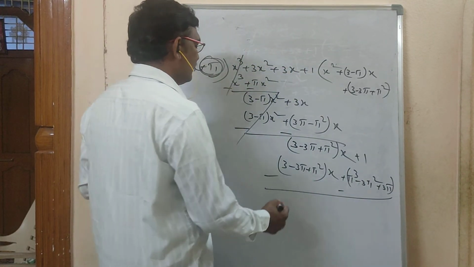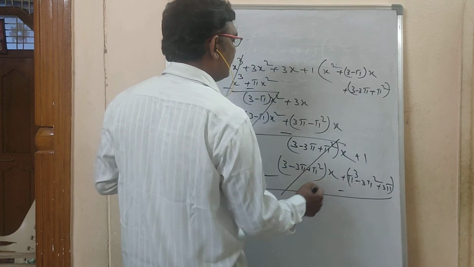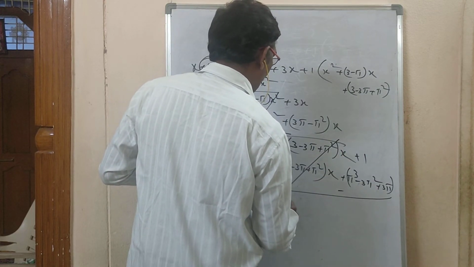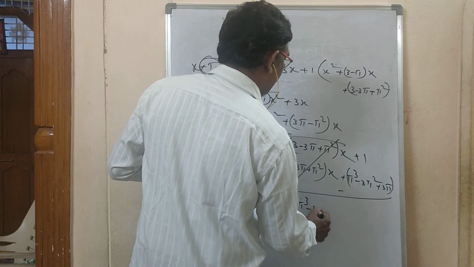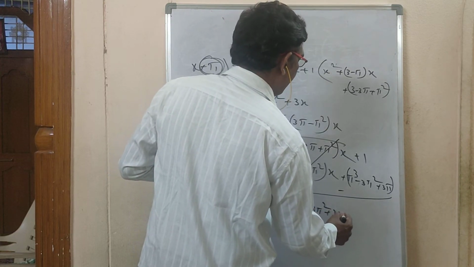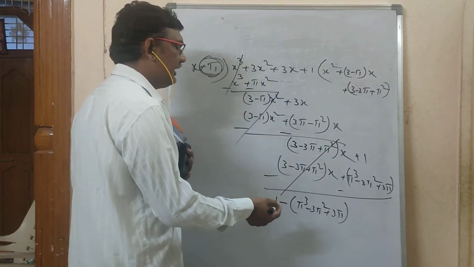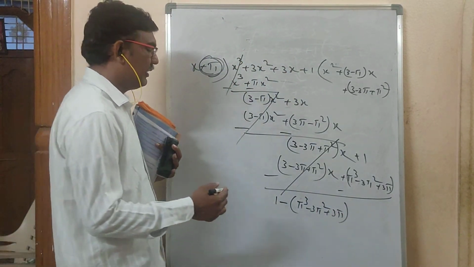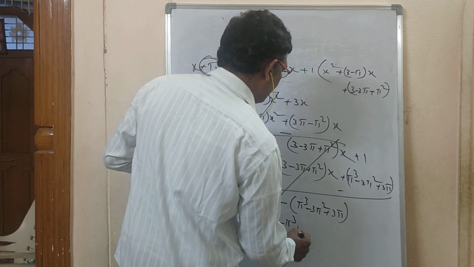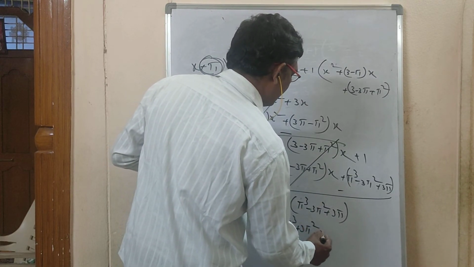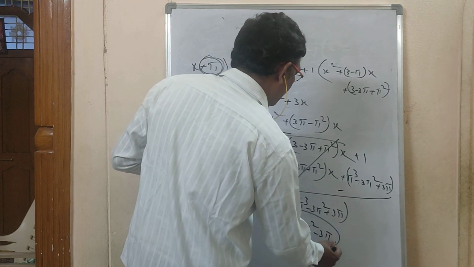You will get minus. These two will be cancelled, and here you have 1 minus of pi cube minus 3 pi square plus 3 pi. What is this? It is the remainder. 1 minus pi cube plus 3 pi square minus 3 pi is what?